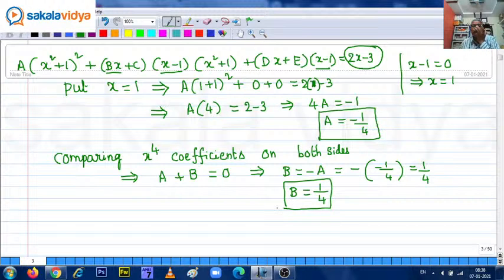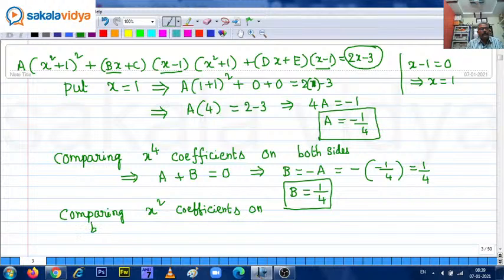So B value has been obtained now. So now let us compare x square coefficients on both sides. X square means, here see, if you expand this one, you will be getting 2x square, x square term, 2 into a, 2a.